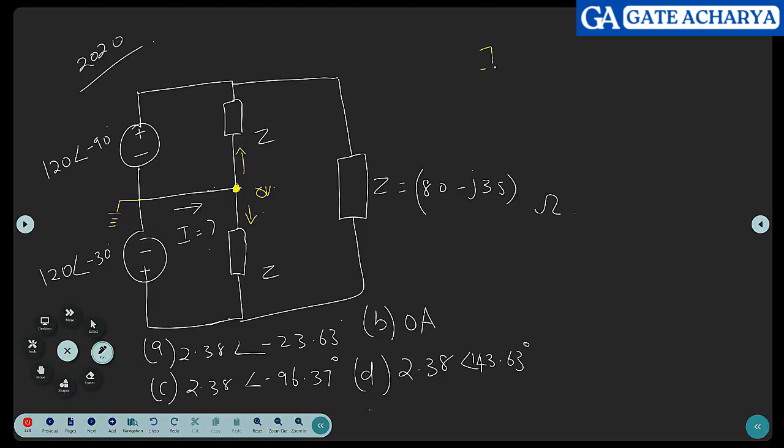So I equals, the incoming, outgoing. What is the current through this branch? 0 minus, what is the voltage? 120 angle minus 90 divided by Z plus 0 minus 120 angle minus 30 divided by Z.